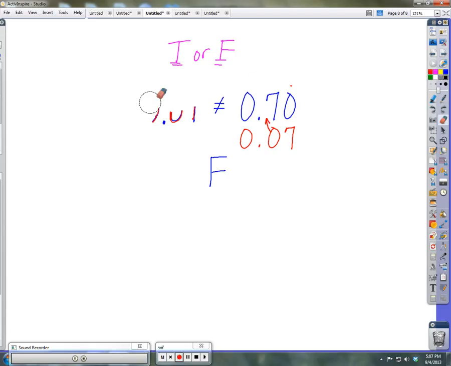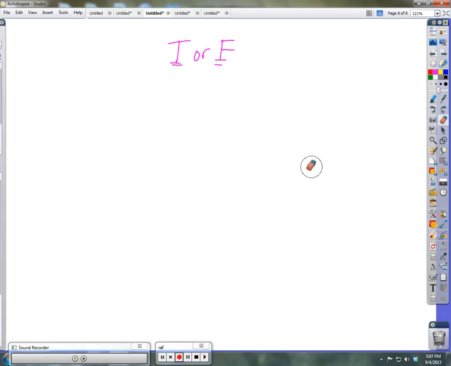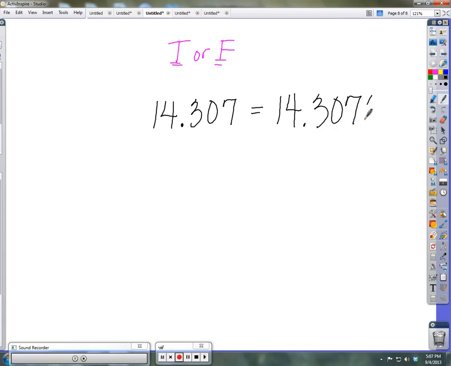Let's look at just one more example to determine if this is true or false. 14.307 thousandths is equivalent to 14.3070 ten-thousandths. So, is this a true or false statement? The correct answer is true.